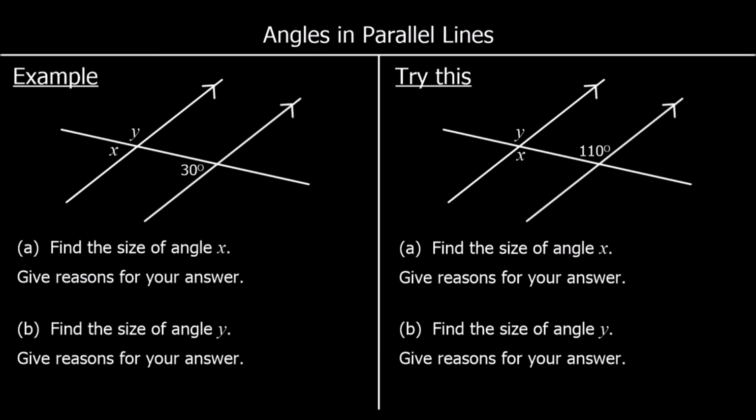Right, let's look at some questions. Here we've got some parallel lines with a line going through them, and we're being asked to find the size of angle X. Give reasons for your answer. So X is corresponding, it makes an F shape with the 30 degrees. So X is 30 degrees, and that's because corresponding angles are equal.